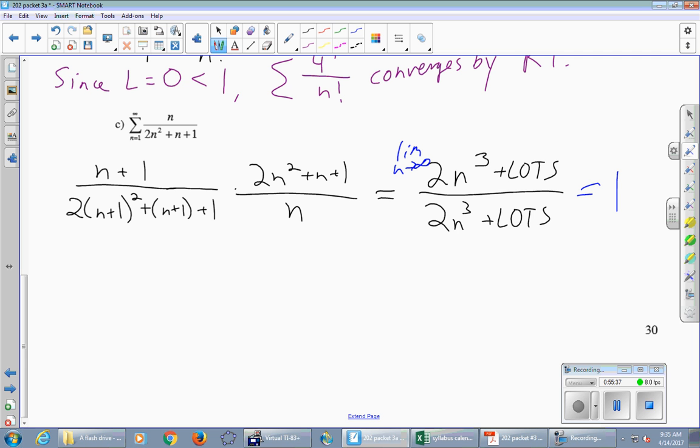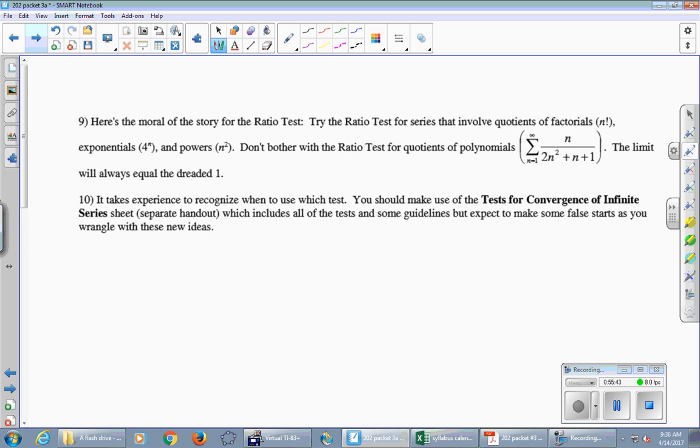Right? So trying to bring together when do you use which test, on the very next page, here's the moral of the story for the ratio test. Try the ratio test for series that involve quotients of factorials. We did the n factorial one. Any problem you see with a factorial in it, do the ratio test.